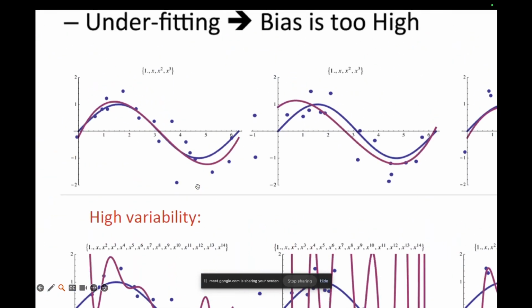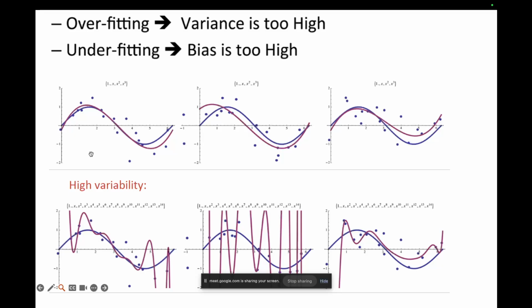In the first panel, you have a set of data points, and on top, if you see this expression, these are polynomial curves that I'm trying to fit to the data. So if I'm trying to fit 1, x, x square, and x cube, that particular model, into my data, you see it explains pretty well.